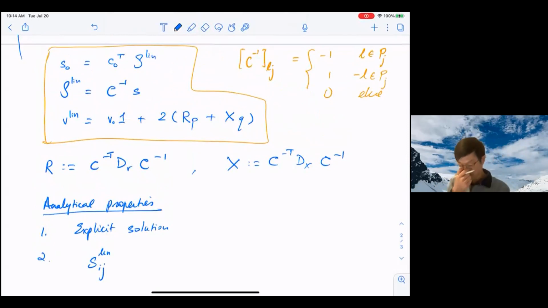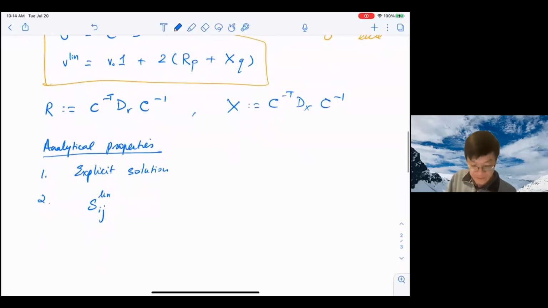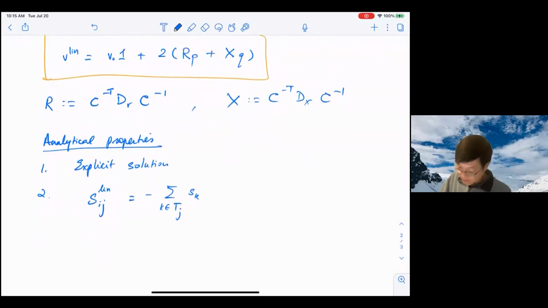So the solution of this set of linearized DistFlow is the sum of S_k over k in the subtree of j. Okay, so this is i, this is j, and we ask what is S_ij for the linearized model, from the sending end from i to j.